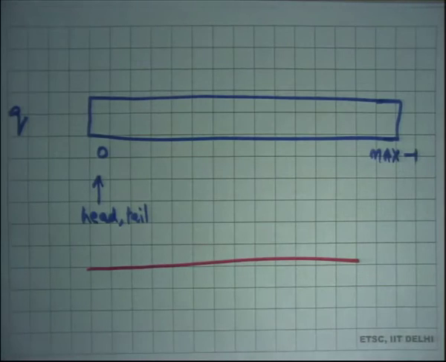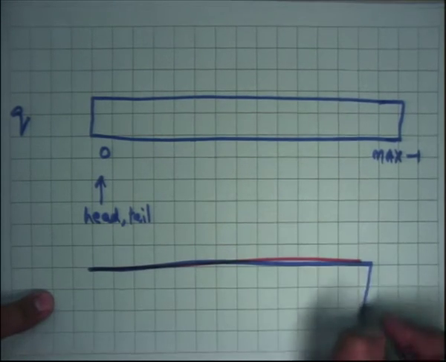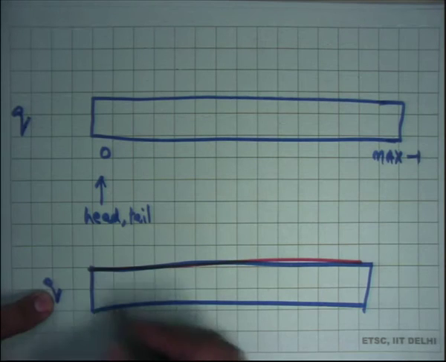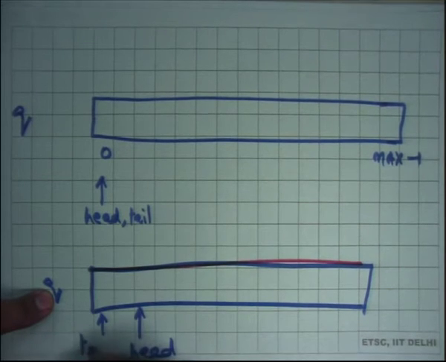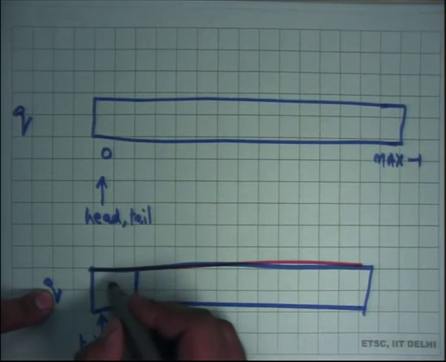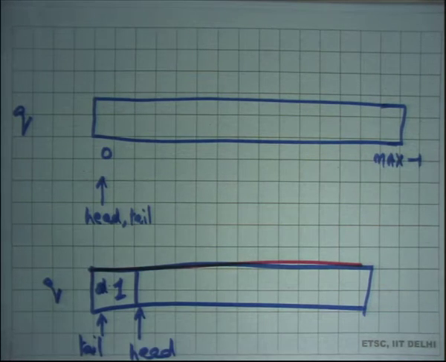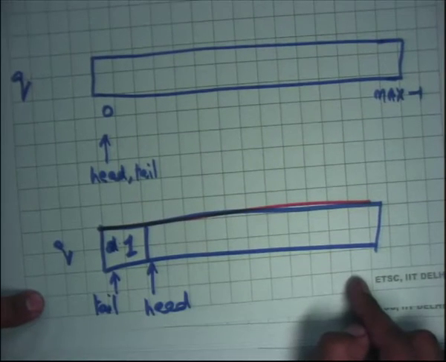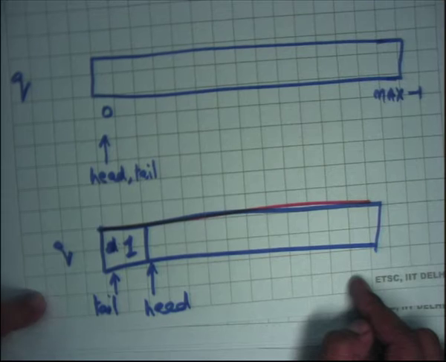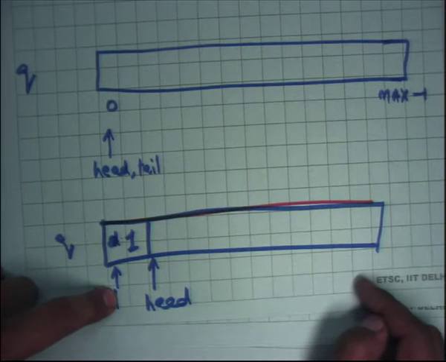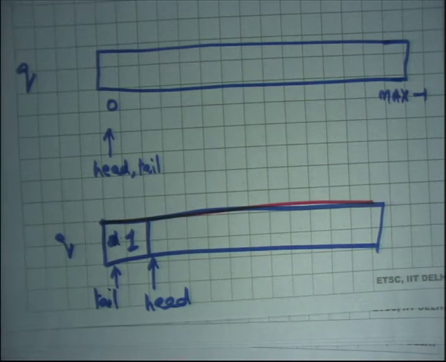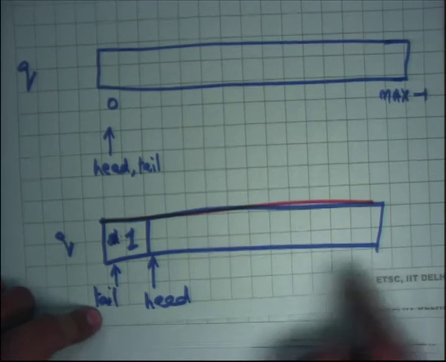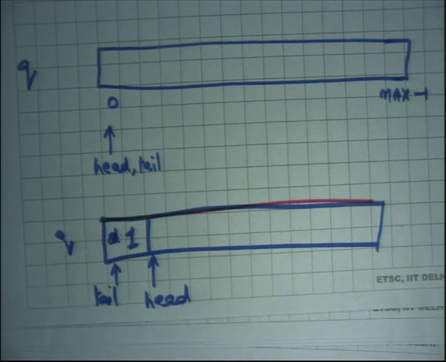So when I produce an element in the queue, head is going to advance and tail is going to be here, and this will be the first element. Similarly, the producer can keep producing and the head will keep incrementing till head becomes equal to tail minus 1, in a circular way.